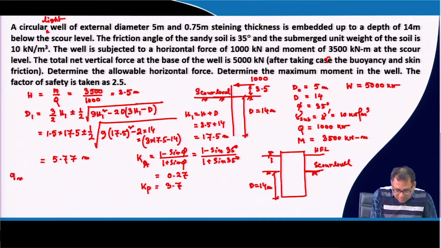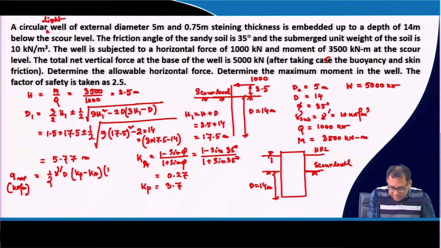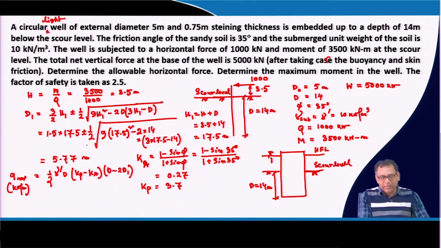So, my small q max, in kilonewton per meter, for light oil equation is given, equation 1: half gamma d (Kp minus Ka) times (d minus 2 d1). These equations I have already derived.